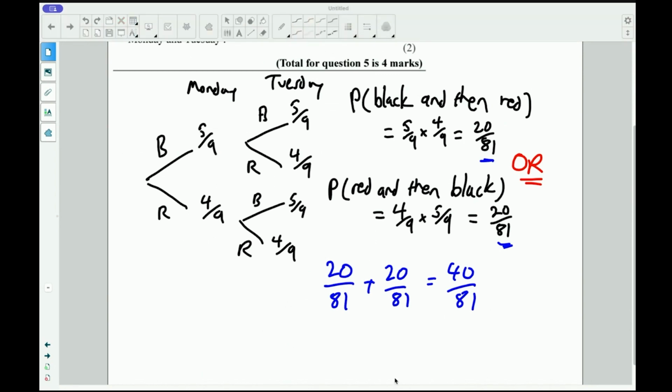So hopefully that part makes sense in terms of being able to set ourselves up with those "and" and "or" statements. Any questions regarding probability trees? Because once we get to this point, I'm just going to assume you know how to work through probability trees, and then we'll get going.